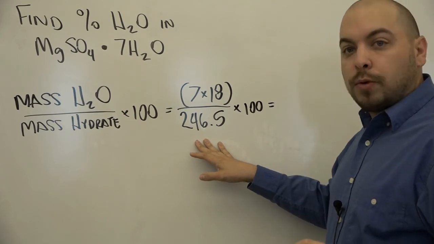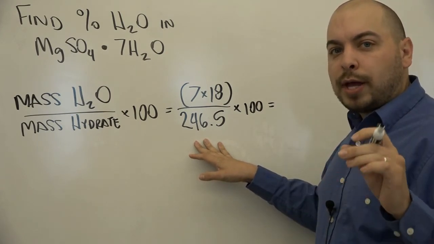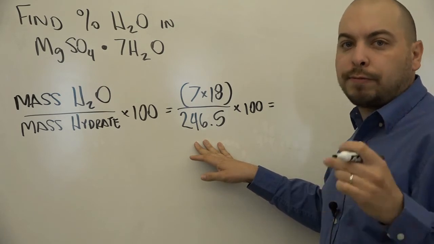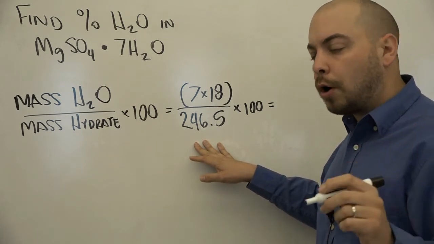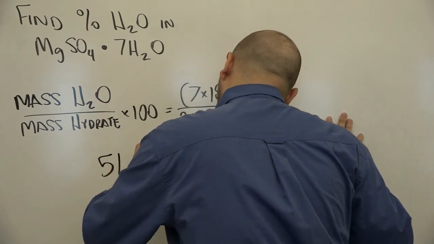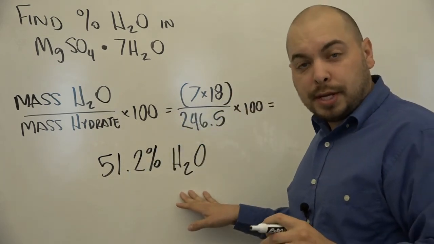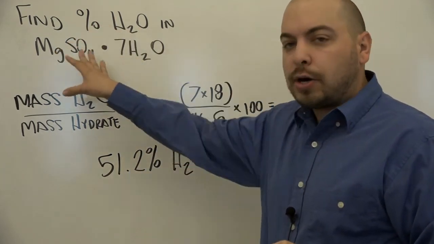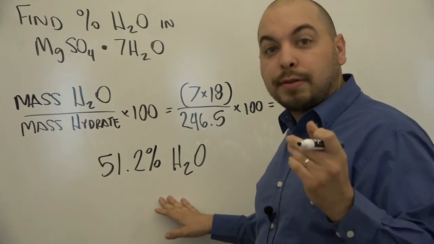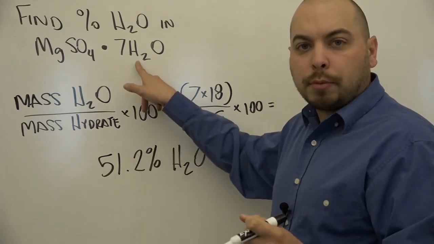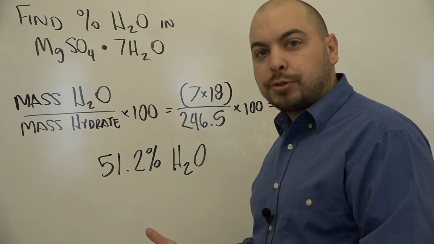Now, we solve this out and we find that we have 51.17 or 51.2% water. This means that of this entire hydrate, 51.2% of the mass is in the form of the water molecules associated with the hydrate.